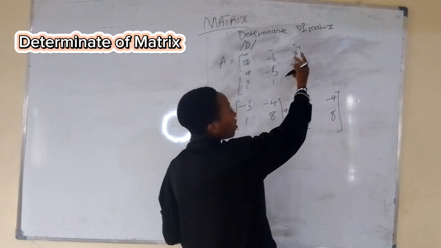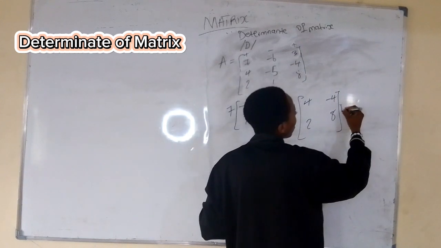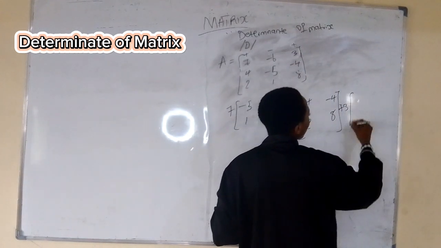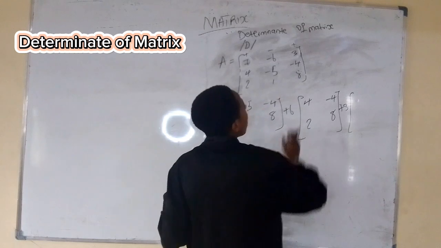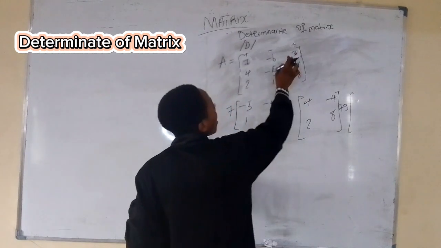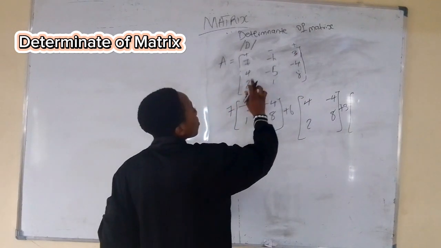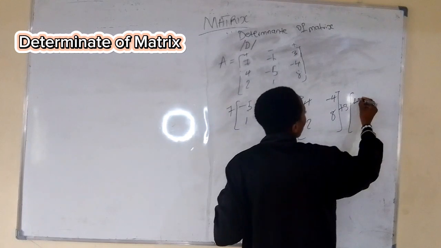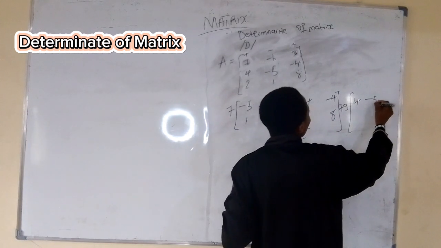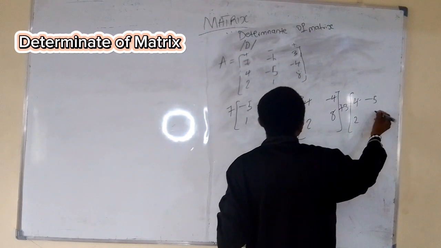Now you do the same thing for 3, plus 3. You clear everything that is in its row and column, and you'll be left with 4, minus 5, 2, 1.